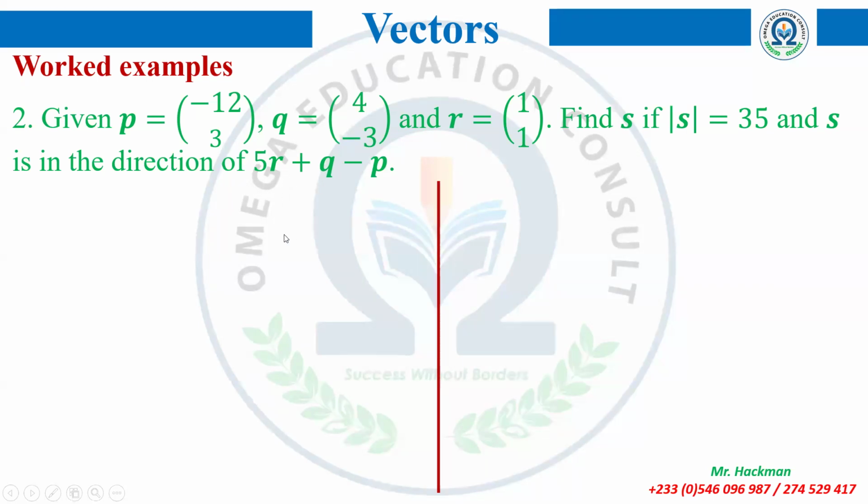You substitute here, you simplify, and as you do that, you get a particular vector, which will also be in column form. Now it's in your usual form. Then you go and find the vector S, which will be equal to the magnitude of the vector S times the unit direction vector of this. And that will be it.